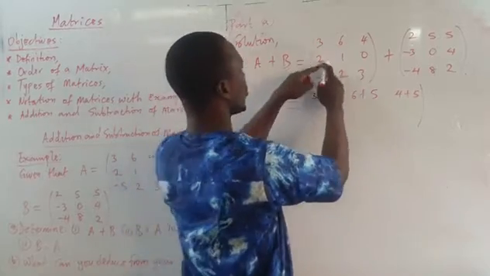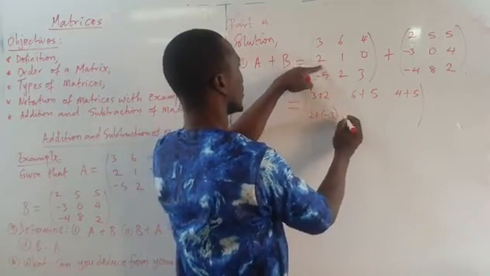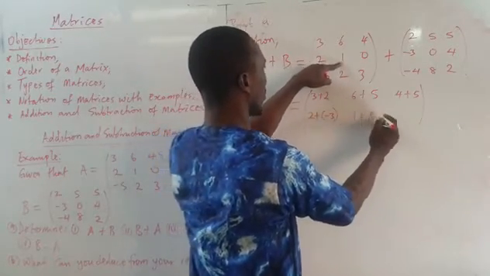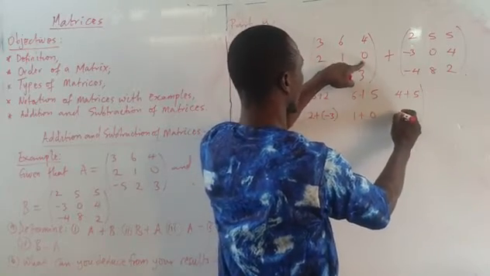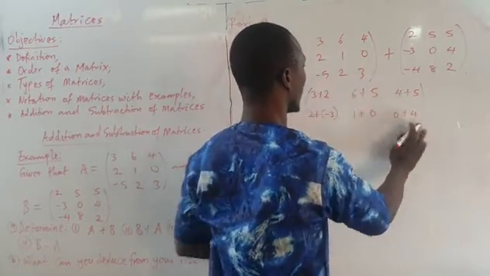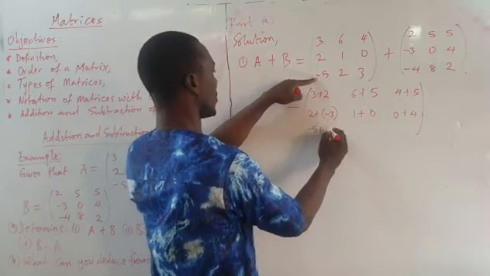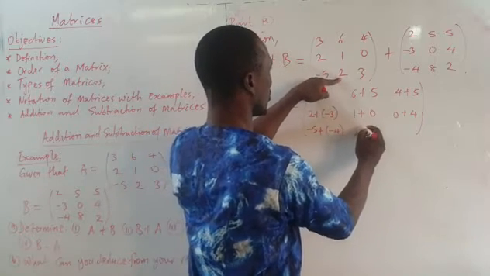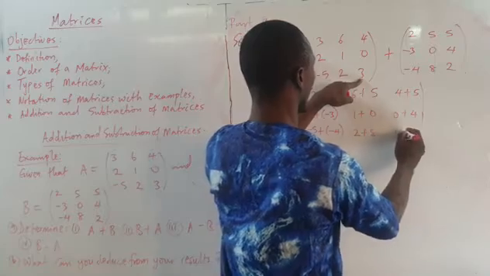Then the second row, 2 plus minus 3, then 1 plus 0, then 0 plus 4. Then the last row, we have minus 5 plus minus 4. Then the second element, 2 plus 8, while the last element is 3 plus 2.